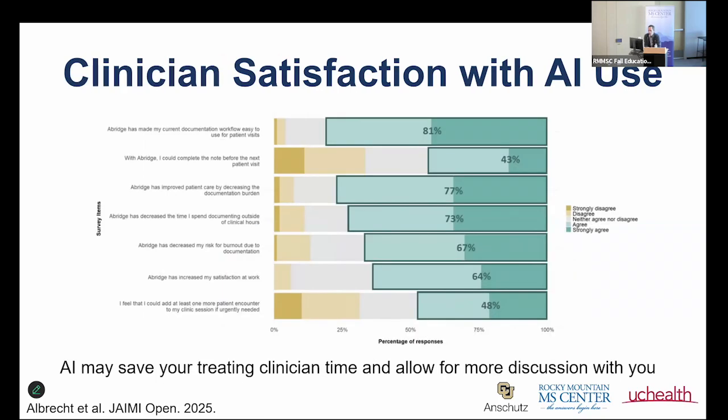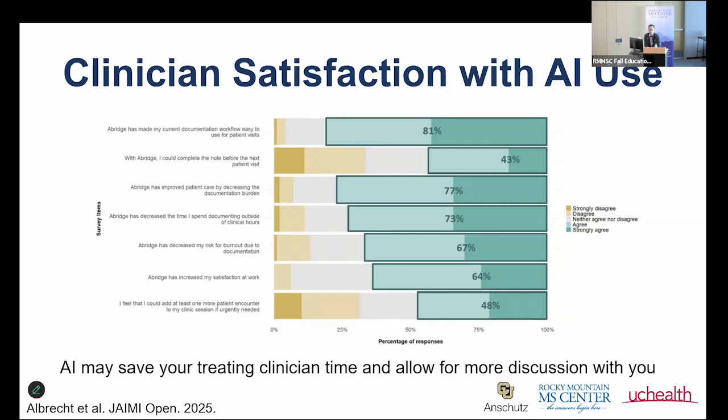In addition to patients being happy with AI, this has also improved clinician satisfaction. This is specifically looking at a tool called Abridge, which those of you who have been in our clinic in the last 2 weeks or so may have interacted with. Abridge is a smartphone application that will basically listen in, with your permission, on the visit, and it will create a note.